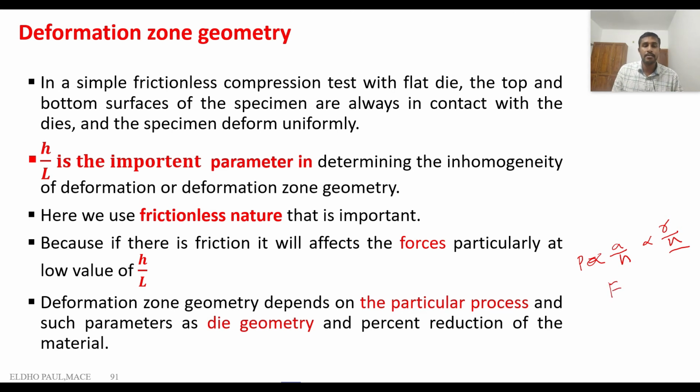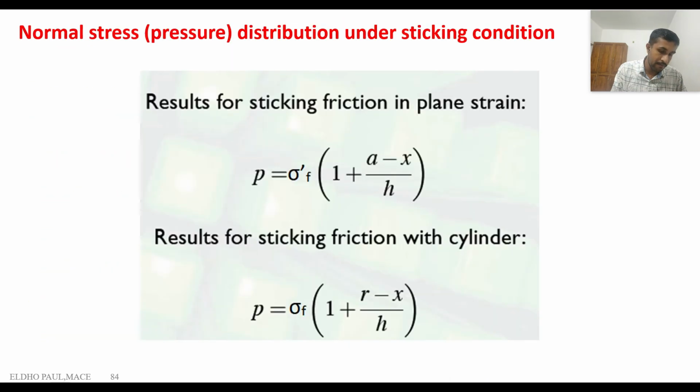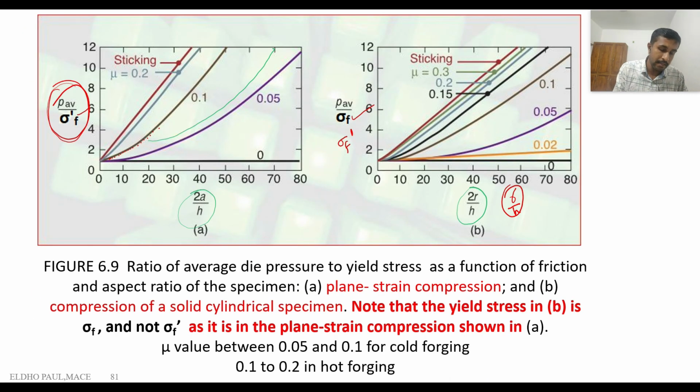If friction is 0, from this diagram it is clear. If the friction value mu is equal to 0, there is no variation in the pressure.